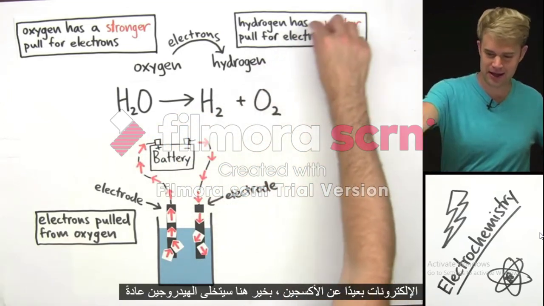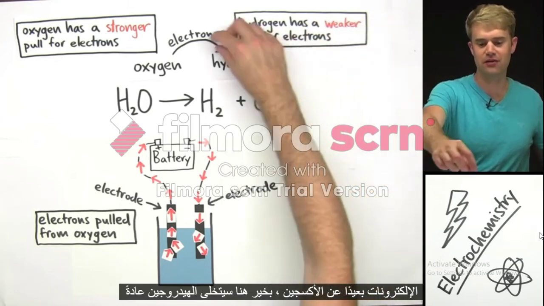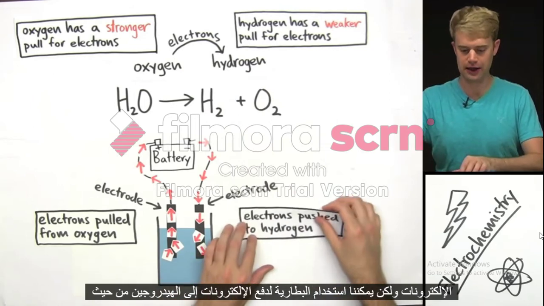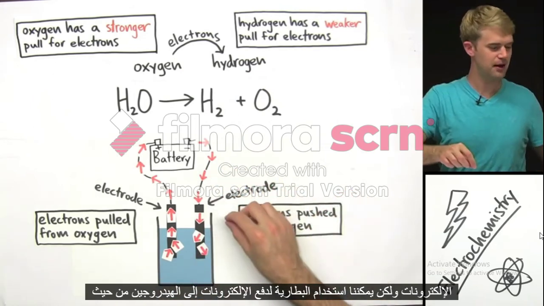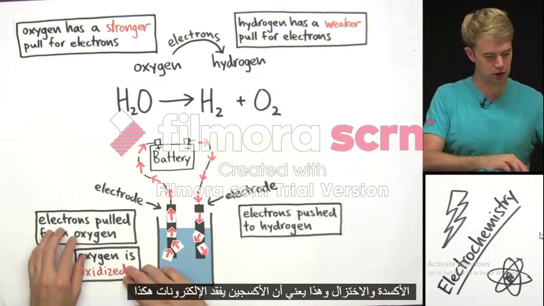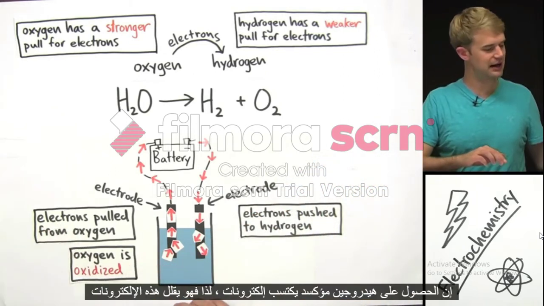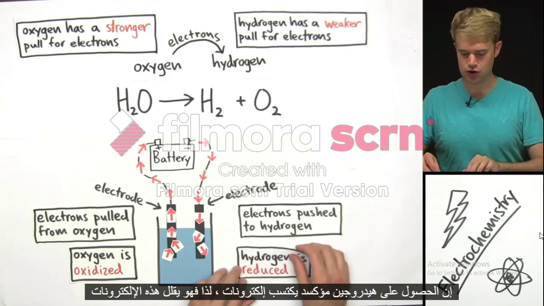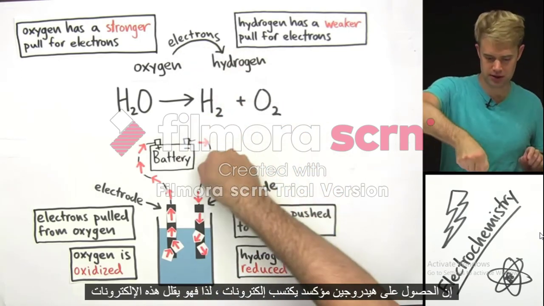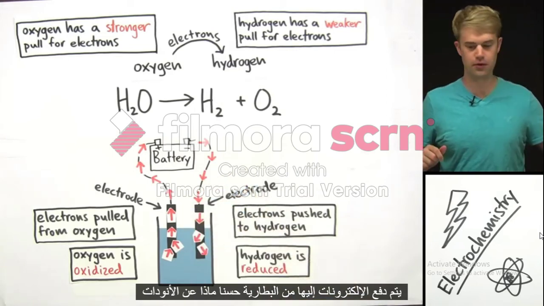Here, hydrogen would normally give up electrons, but we can use the battery to push electrons to hydrogen. In terms of oxidation and reduction, this means that oxygen is losing electrons, so it is getting oxidized. Hydrogen is gaining electrons, so it is getting reduced. These electrons are getting pushed to it from the battery.